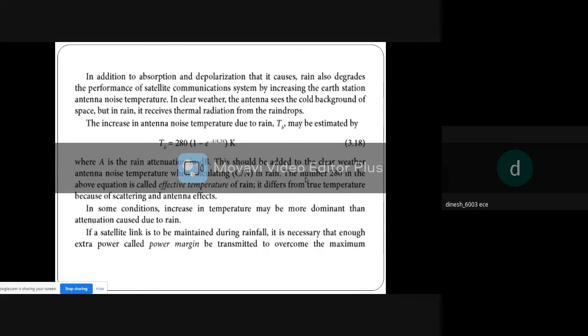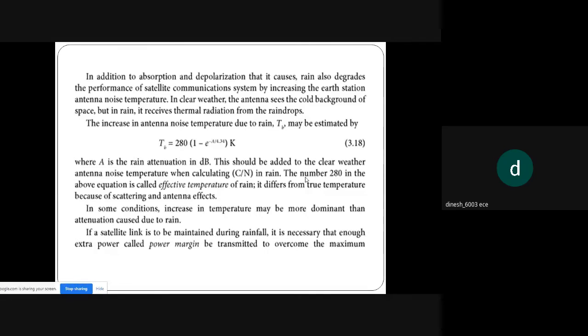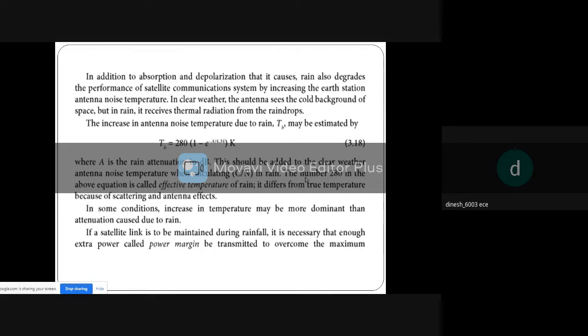The number 280 in the above equation is called the effective temperature of rain. It differs from true temperature because of scattering and antenna effects. In some conditions, there would be an increase in temperature, maybe more dominant than attenuation caused due to rain.